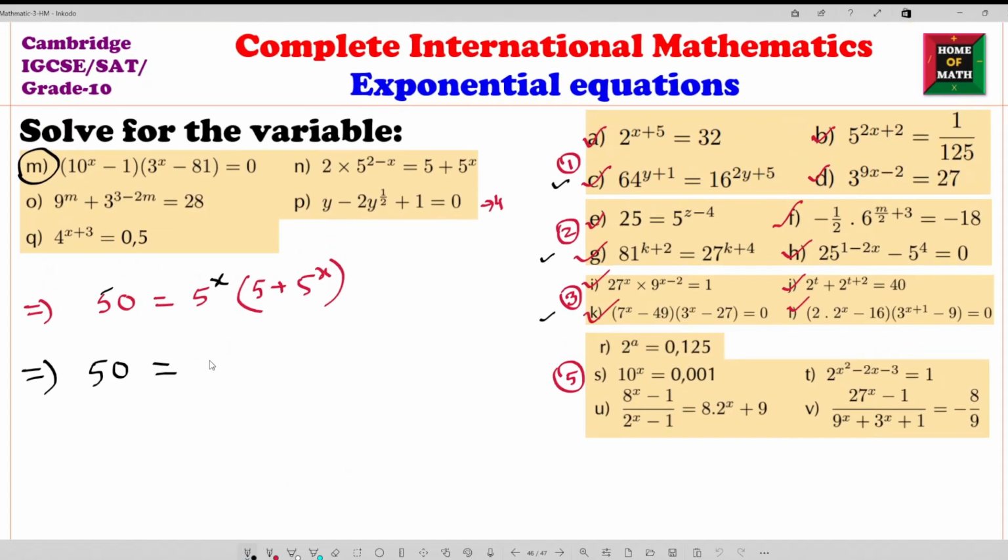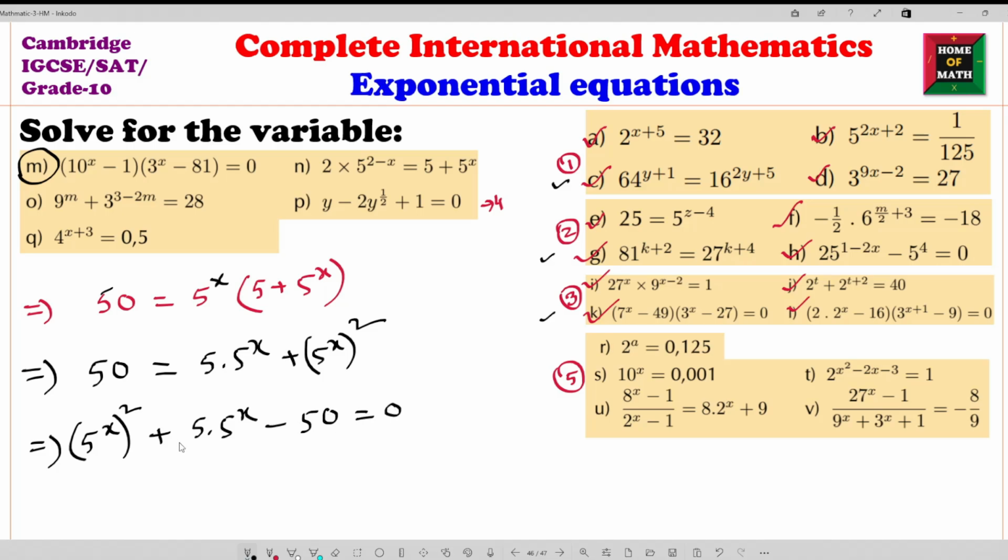So this one is 5 times 5 to the power x plus 5 to the power x whole square. If we exchange this from left side to right side, we get 5 to the power x whole square plus 5 times 5 to the power x, and this 50 will be minus, equals 0.